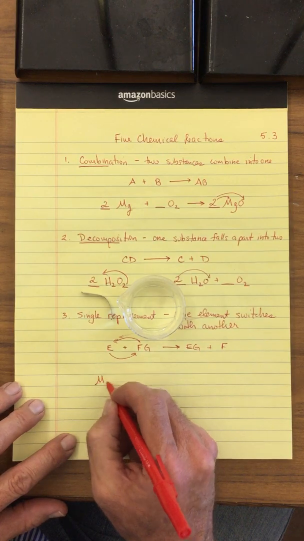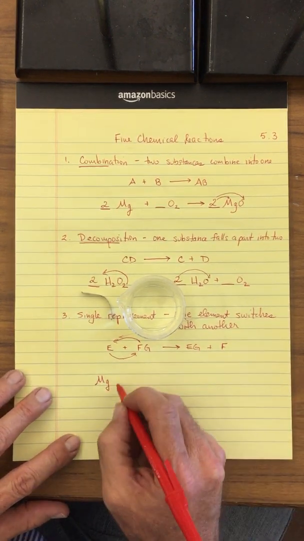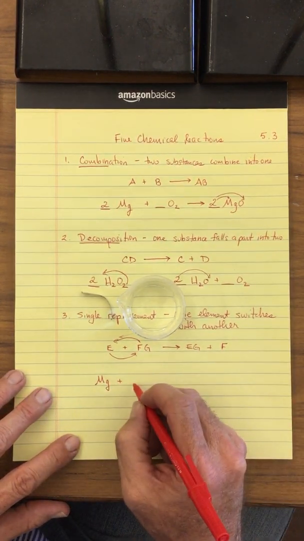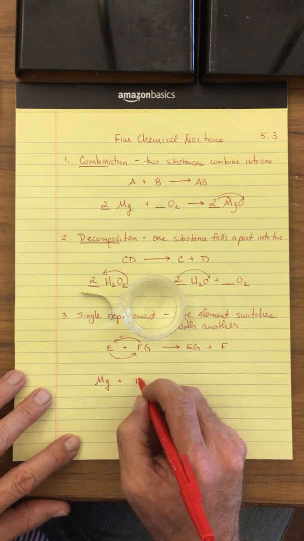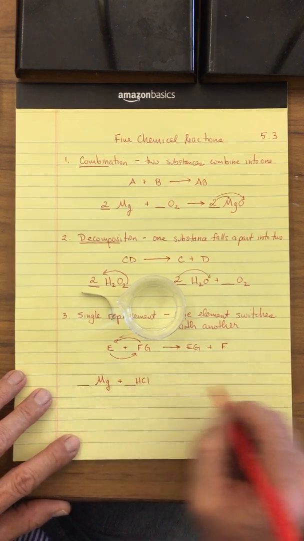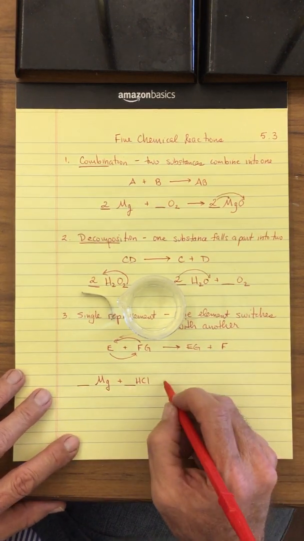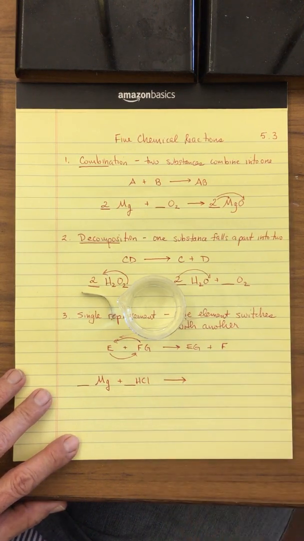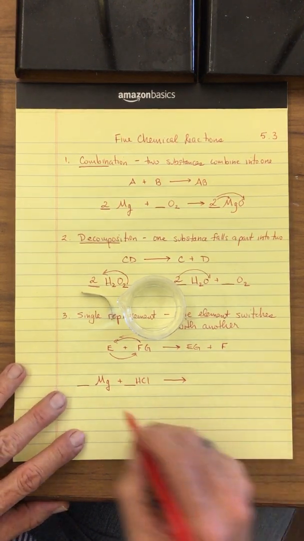So starting off with the magnesium, I'm going to combine this with the compound hydrochloric acid, which is HCl. Let's put in some spaces here, because we're going to need those. And let's try to see what's going to come out of this.